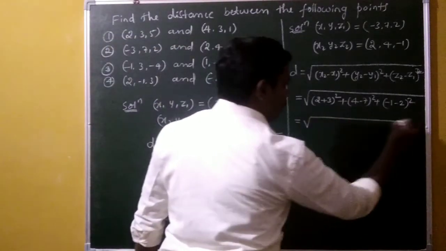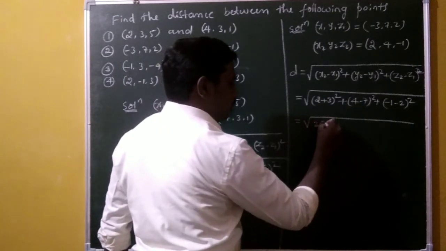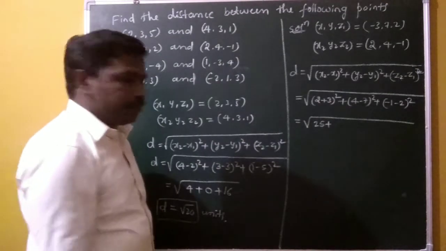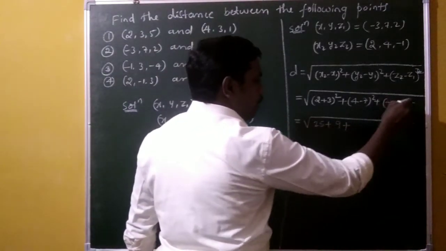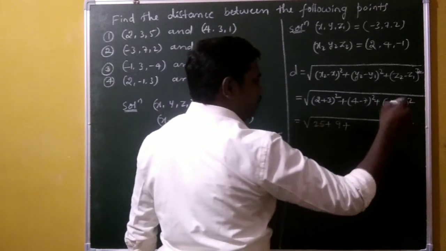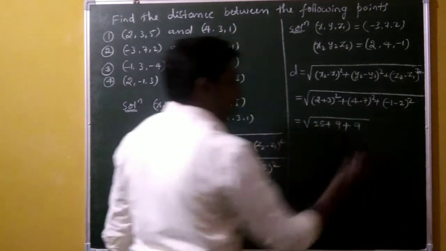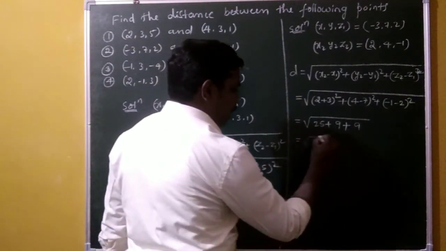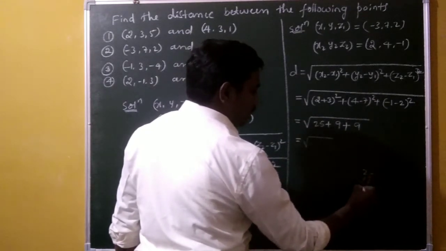It's the square root of 2 plus 3 is 5, 5 square is 25. Here 4 minus 7 is minus 3, minus 3 whole square is 9, plus minus 1 minus 2 is minus 3, minus 3 whole square is 9. So 9 plus 9 is 18, and 18 plus 25 is 43.